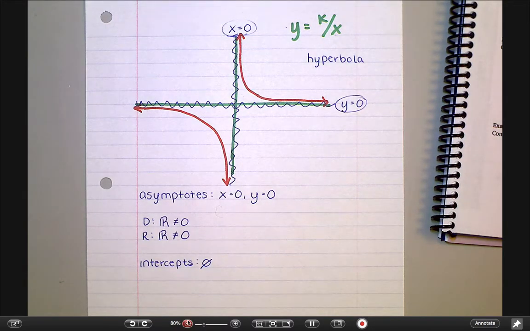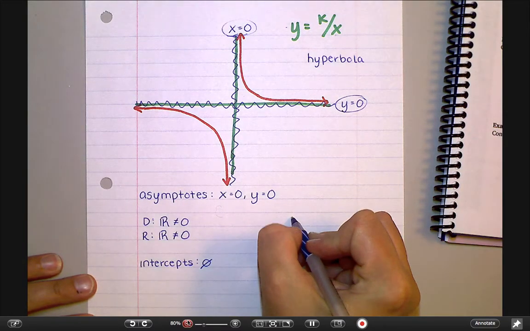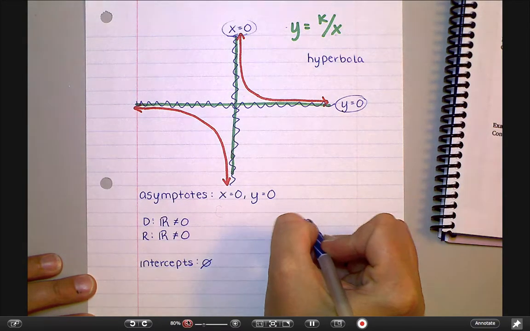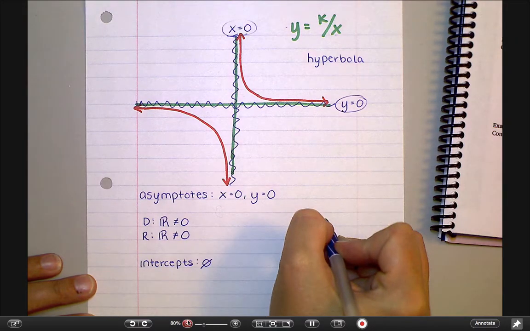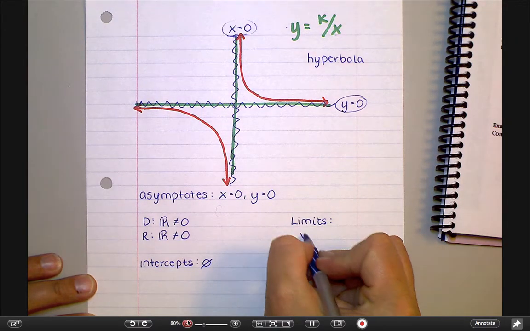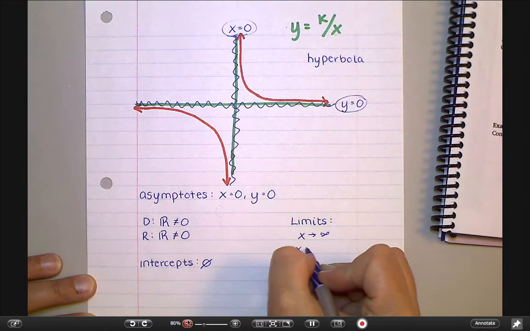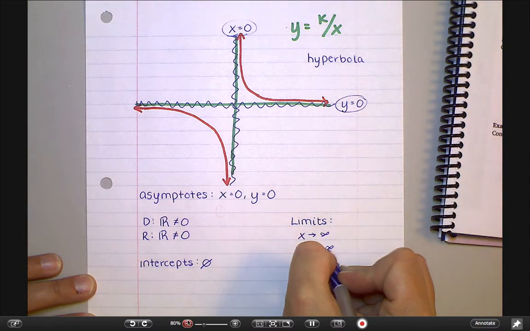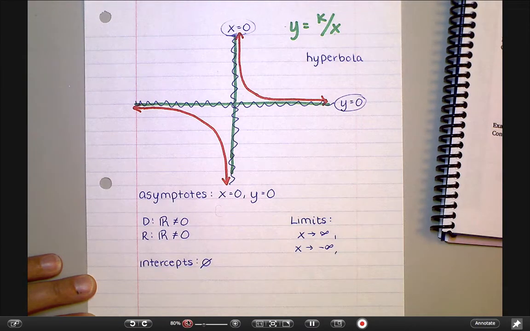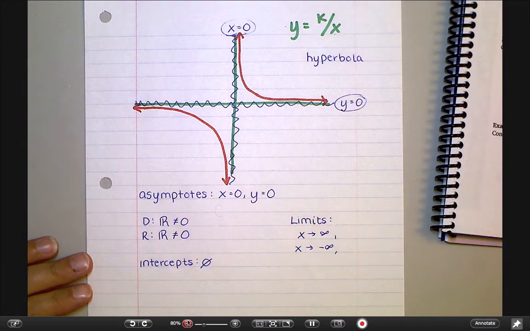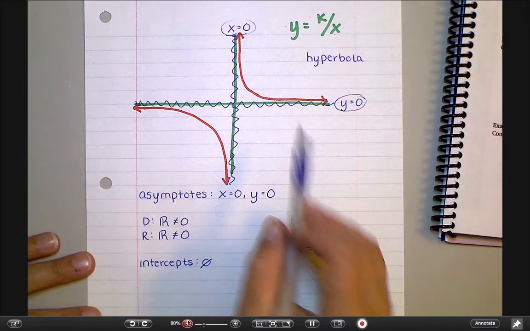All right. I think the most interesting part of this graph, though, is the limits, there at the end of your table. These were the things we talked about yesterday where we said as x approaches infinity and x approaches negative infinity, what's happening to your graph. And yesterday, all of the ones we looked at either went up forever or went down forever, right? They always approached infinity. But look at this one.